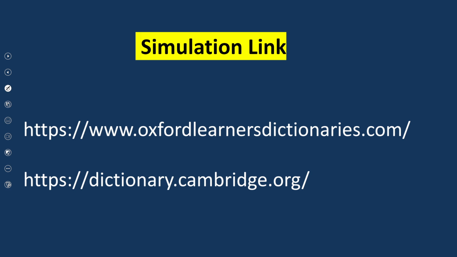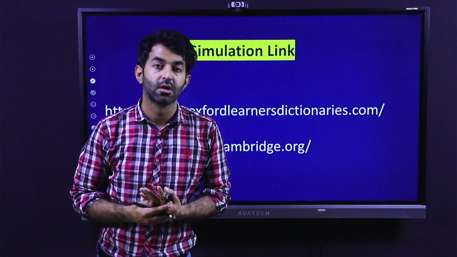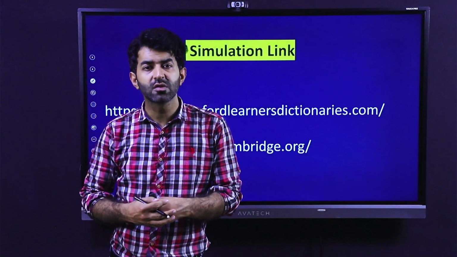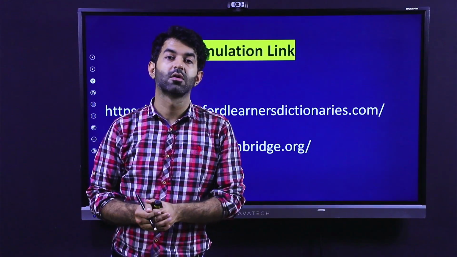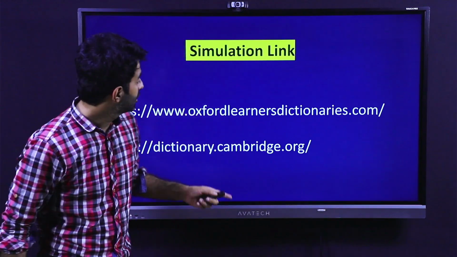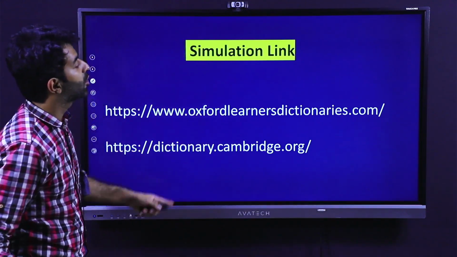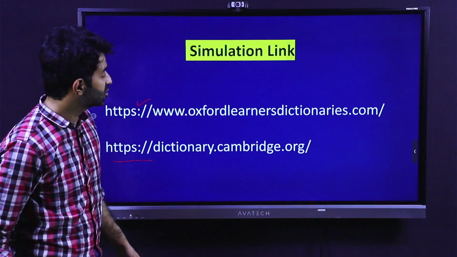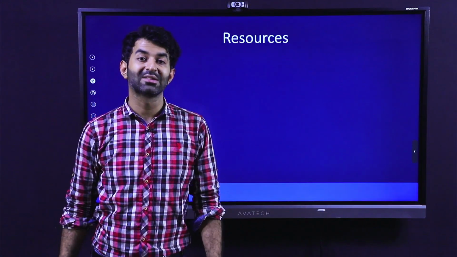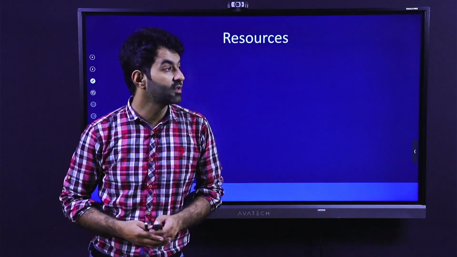Students, I would like you to use these simulation links if you have the accessibility and feasibility of doing so. Here are the Oxford Learners Dictionaries for you to get the meaning of these words, and the Cambridge dictionary as well. You can access these, and this is all about today's lecture, students.